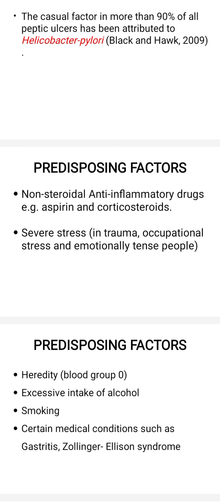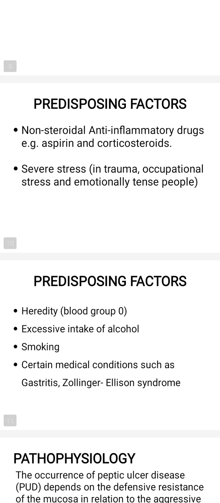The first one is non-steroidal anti-inflammatory drugs, e.g. aspirin, and corticosteroids. I'm sure we talked about this when we were talking about analgesics in class with you, when we talked about non-opioid drugs, the NSAIDs. We've got severe stress, which can be in trauma, occupational stress, or emotionally tense people.